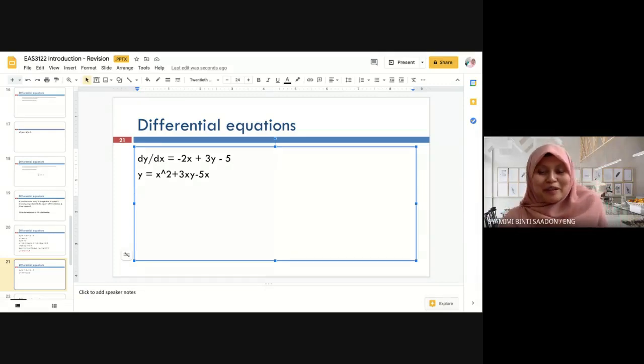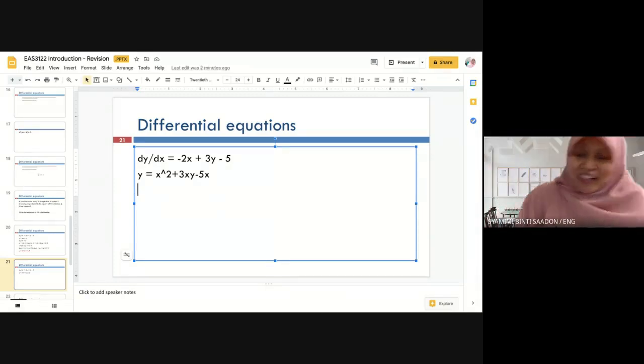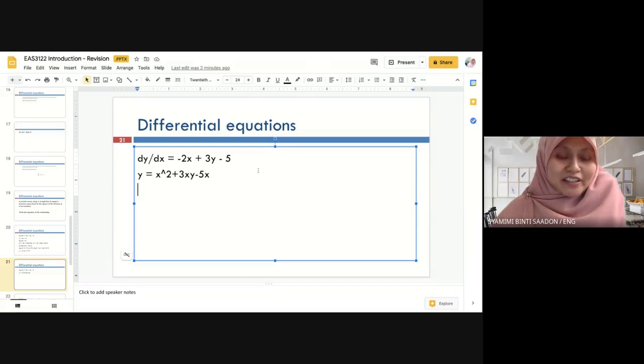Okay, maybe some of you tried other methods to get other solutions. But you have to check, substitute back in the equation, whether the solution is correct or not. Just verify.